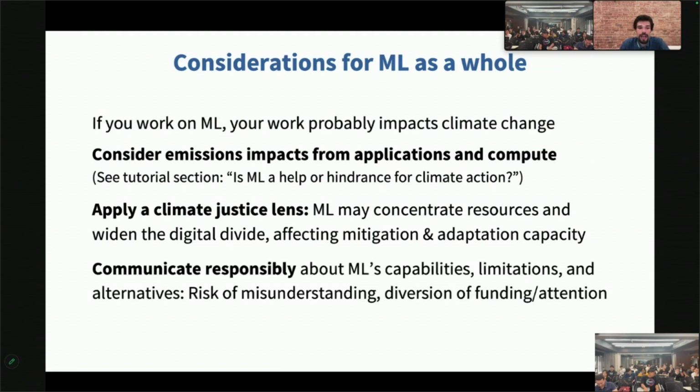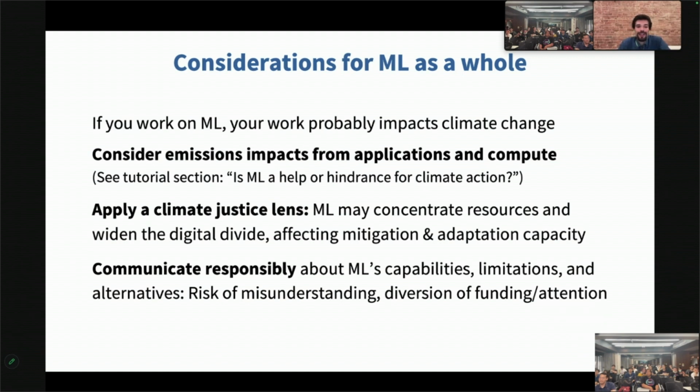You can also think about ways to communicate responsibly around machine learning. Machine learning often gets a lot of attention and flash in a way that other fields don't. And the climate change community is often desperate for solutions given the short timescales we're facing. So it's important that we avoid techno-solutionism, going out and selling machine learning as the solution to everything in a climate change context and in other contexts.